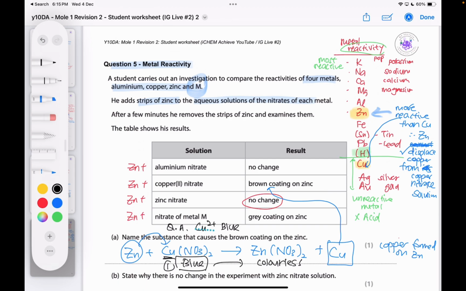So this is one observation, and the second observation is because copper is being formed, we get a brown coating on zinc. I'll try to find you this practical video via YouTube so you can visually see the change in the solution color as well as the brown coating on zinc.